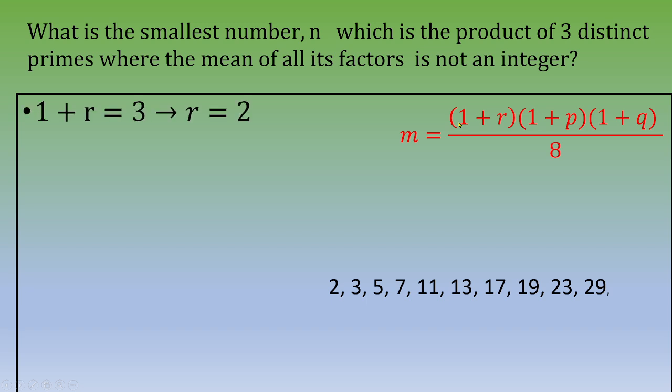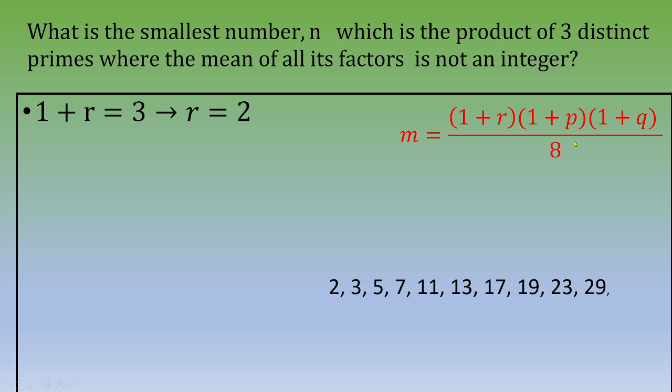So let's say 1 plus r, this is 3, so r equals 2. Next term. Smallest value for p, this is 3. But 1 plus 3, this is 4. And if the third term is an even number, we could simplify by 8.